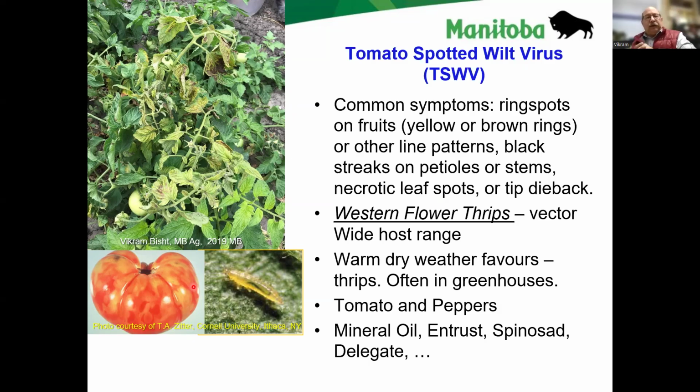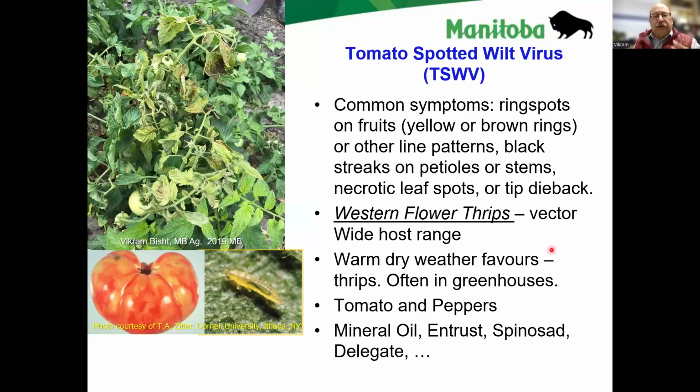There is another disease, the rugose virus, but that is currently not very commonly seen in Canada. It's more in the greenhouses, not in the fields. This particular virus is transmitted by the flower thrips.